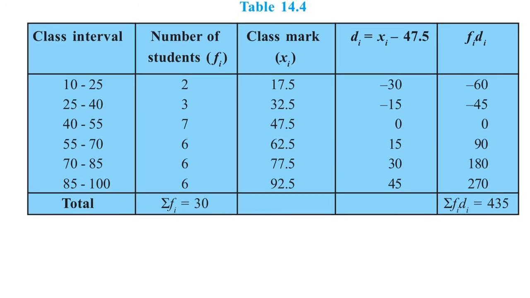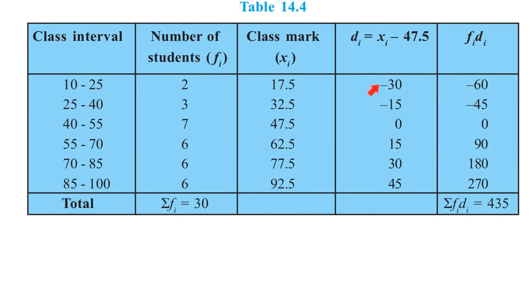Let's look at the table once again. Look at the values of D. Are all these values divisible by 15? They are. We can simplify this further, reduce the size of the numbers further so that when we multiply with F, multiplication becomes easy.